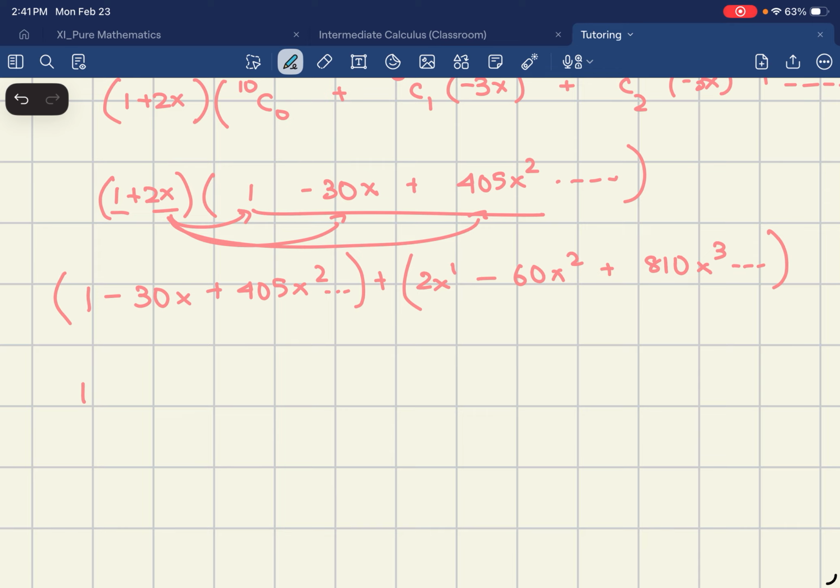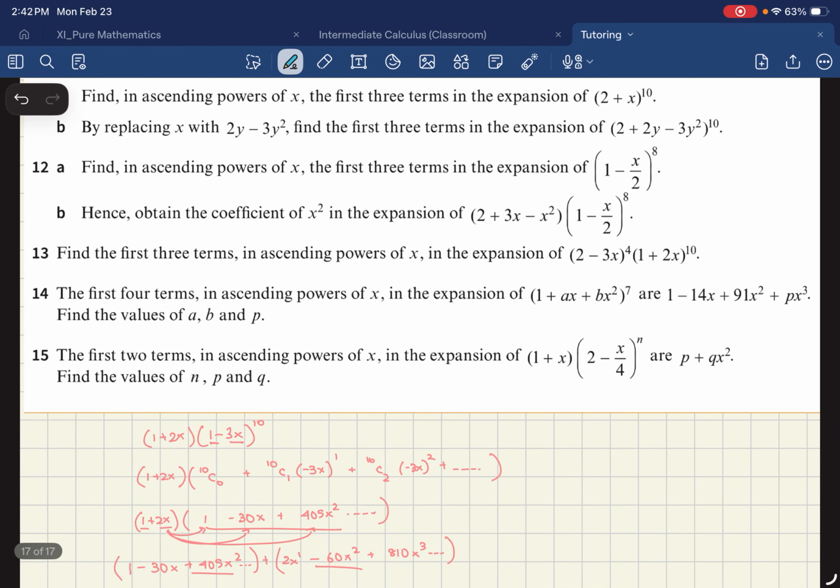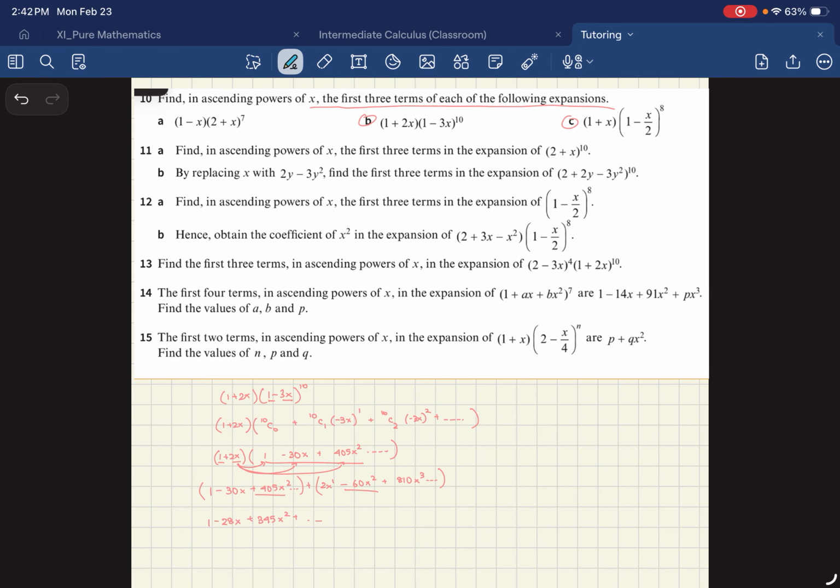So I have 1 minus 30x plus 2x minus 28x plus 405x squared minus 60x squared. And that gives me plus 345x squared.